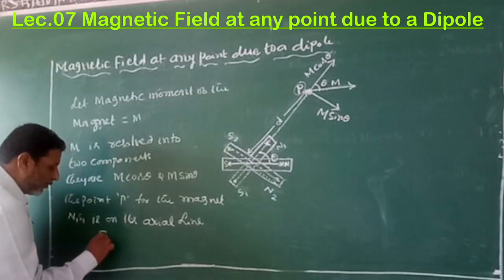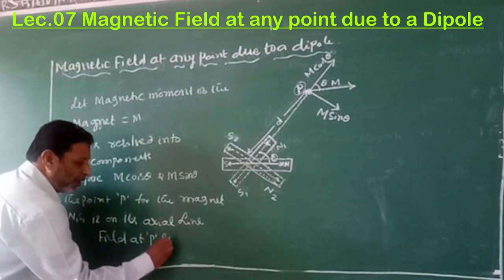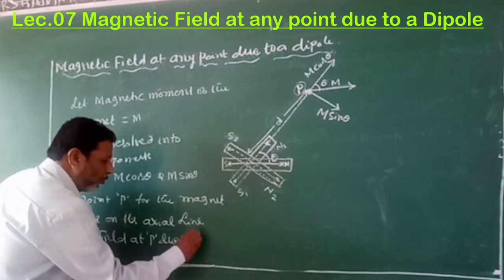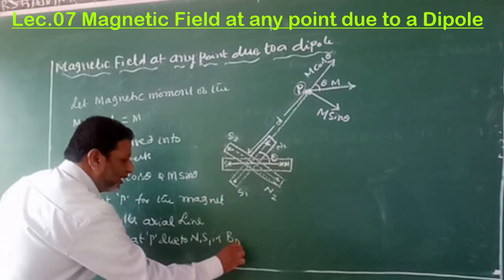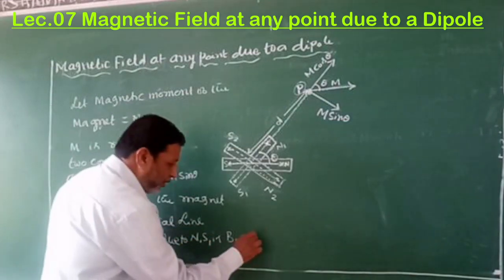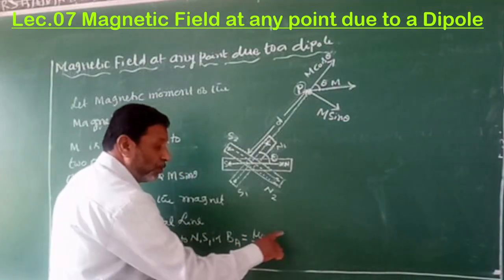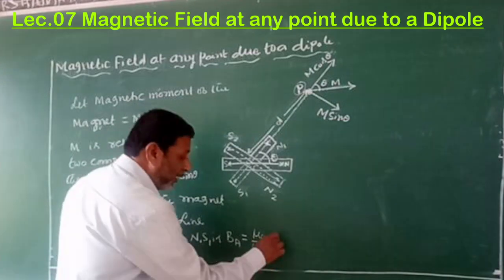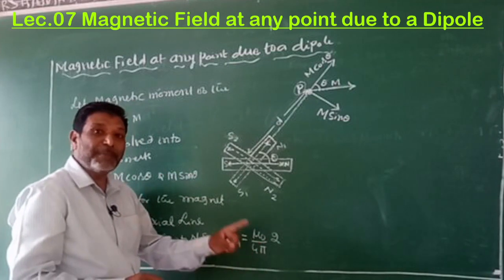Therefore, the field at P due to N1 S1 is dA, that is the field along the axial line. The formula, already I had written to you, is mu naught divided by 4 pi, 2m divided by d cube. Here m is nothing but the magnetic moment.